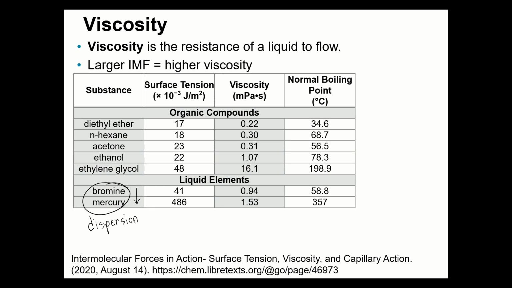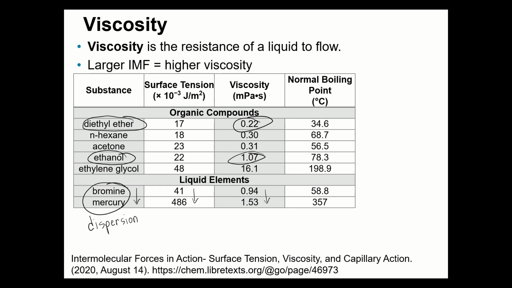So you're increasing in your molar mass, and so you're increasing in your dispersion force interactions, and you're going to see that surface tension go up as well as that viscosity go up because you're increasing your intermolecular forces, specifically that dispersion. And you can also see it occurring here where we have diethyl ether versus ethanol, right?